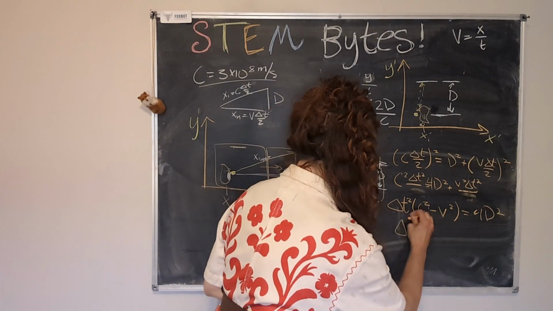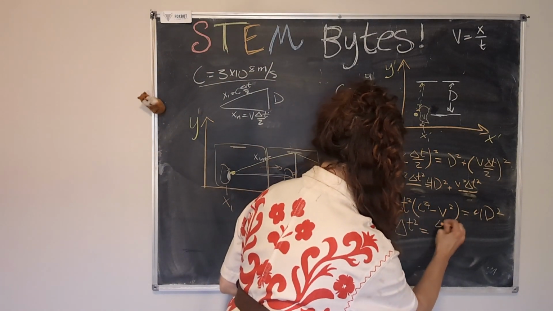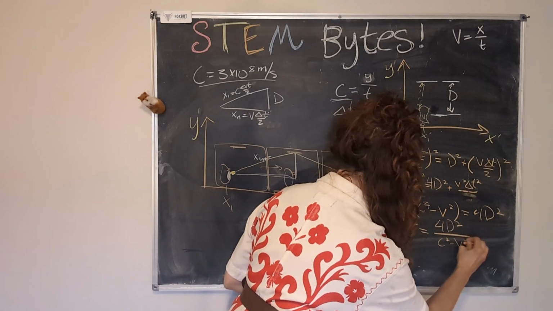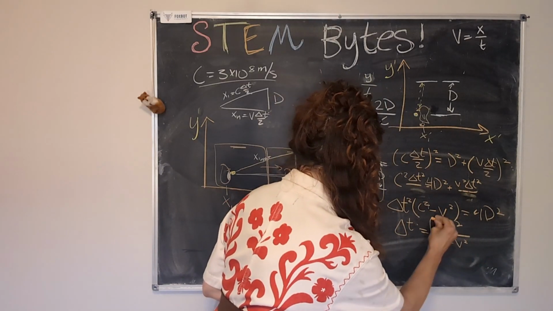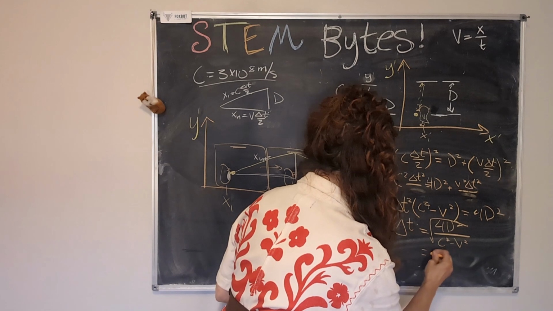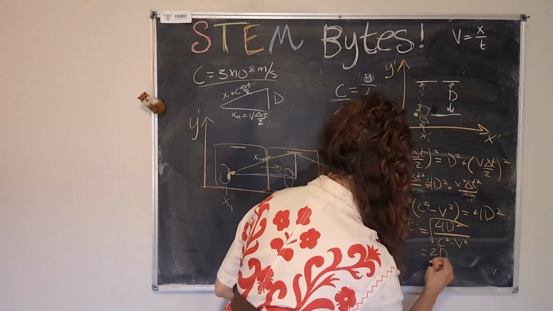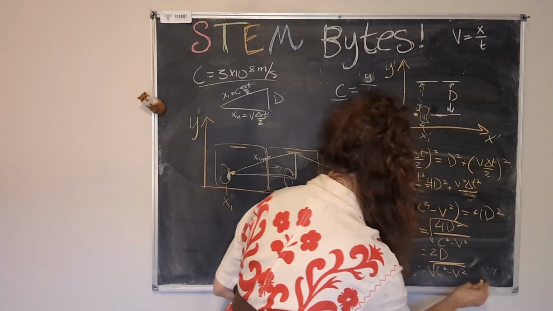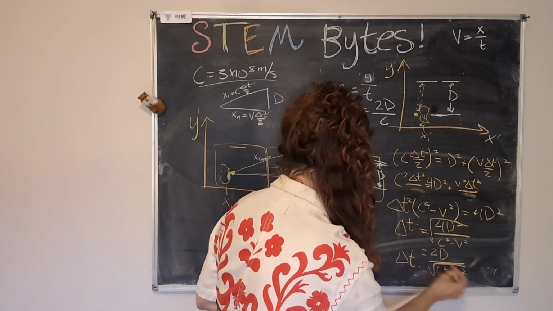And then delta t squared equals 4d squared divided by c squared minus v squared, and then we take the square root of everything, and we get 2d over root c squared minus v squared. Okay, and that is what delta t equals.